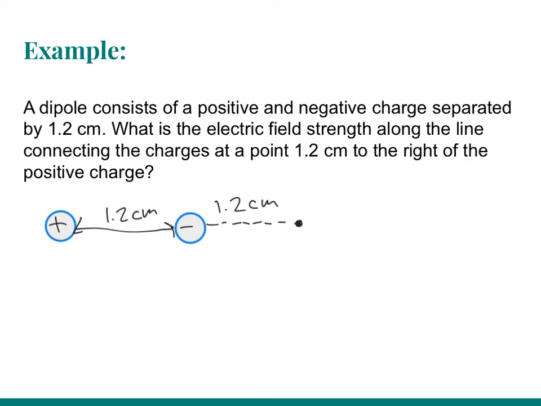Okay. So the way we're going to do this is by calculating the electric field for each point charge and then adding them together. At this point, we're going to stop using electric field equals force over Q, and use the more simplified definition for point charges, where you take the force, kQ1Q2 over r squared, and then divide it by one of the Q's.